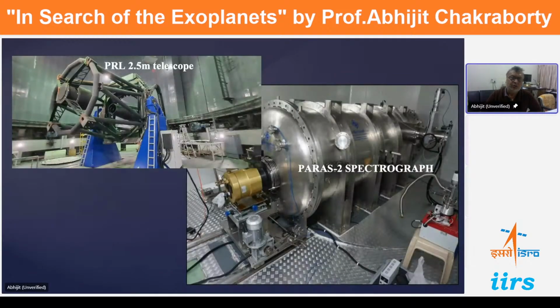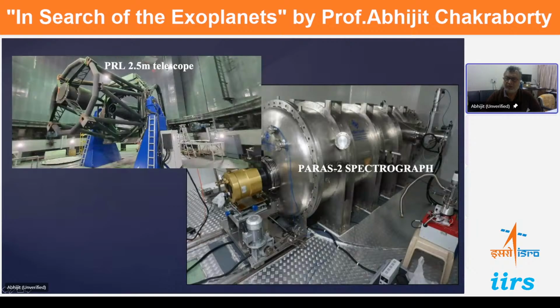Okay, so here I show you the PRL 2.5 meter telescope and the Paras-2 spectrograph. This spectrograph works at a resolution of 110,000 under vacuum. This is a vacuum chamber, and the spectrograph is inside this chamber, and the optical fibers collect starlight from the telescope and bring it to the spectrograph.